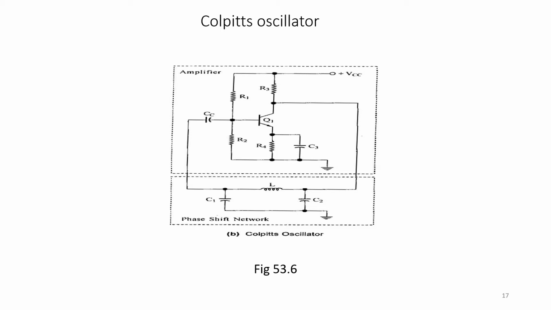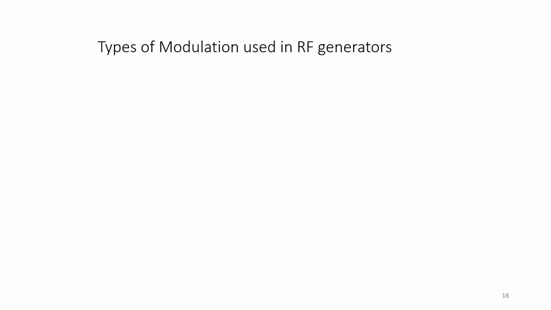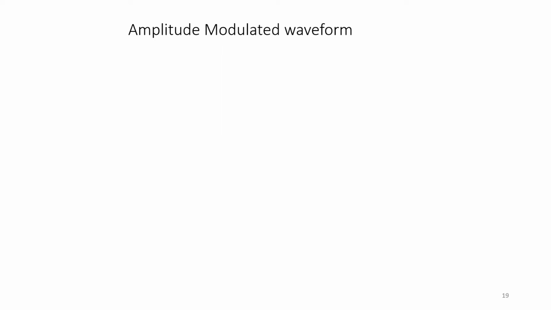We can use either the Hartley oscillator or the Colpitts oscillator as the master oscillator in the RF signal generator. So, as I told you, the types of modulated signals which we can obtain from an RF generator are the amplitude modulated waveforms and the frequency modulated waveforms.